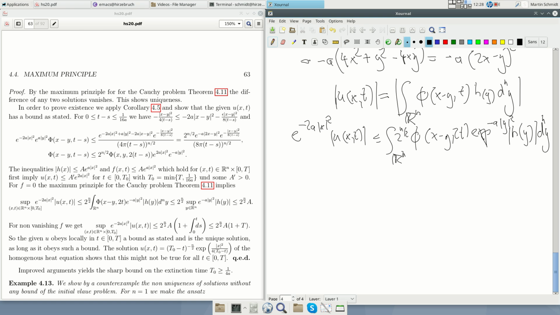And now look at this. Besides this factor, this is exactly the solution of the initial value problem with initial value the absolute value of this function. So this product is the new initial value.